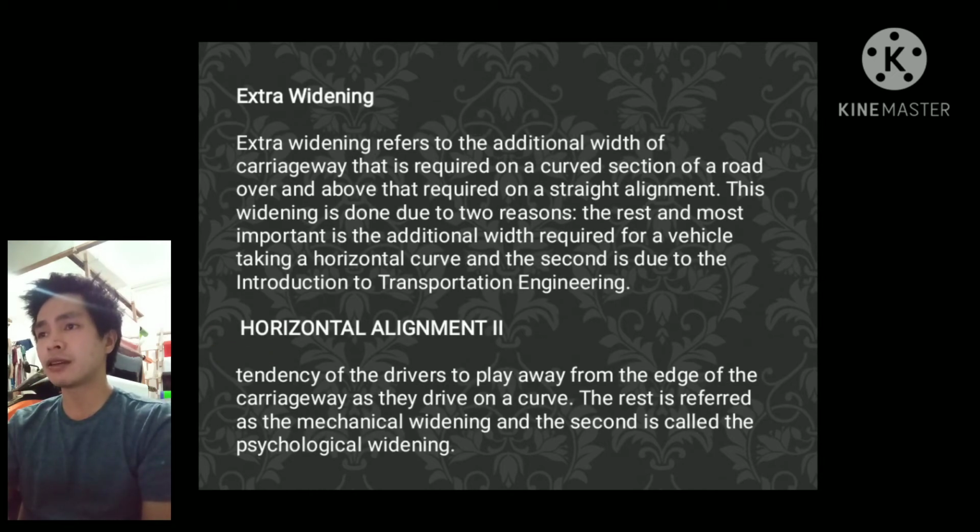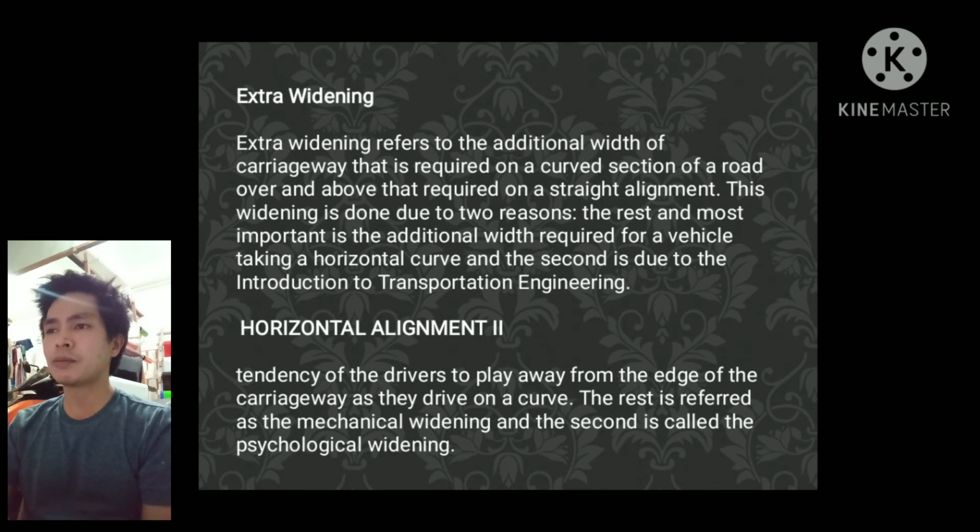Extra widening refers to the additional width of carriageway that is required on a curved section of a road over and above that required on a straight alignment. This widening is done due to two reasons.